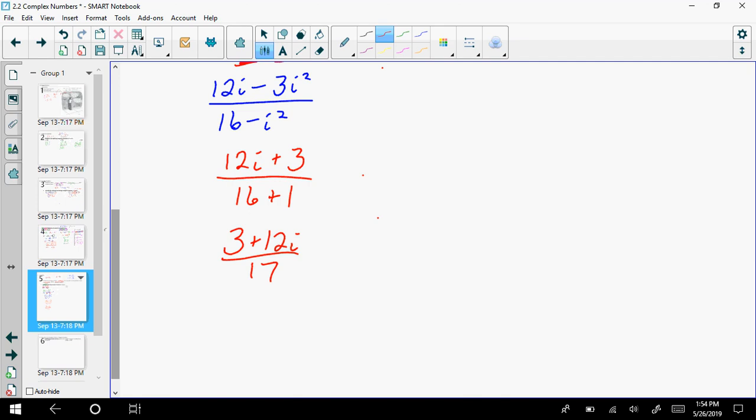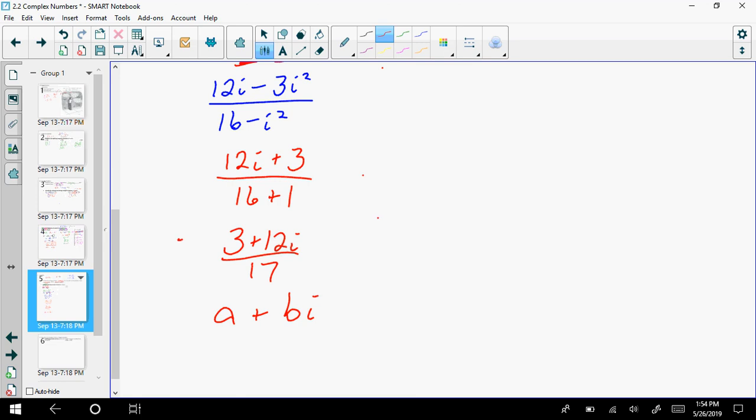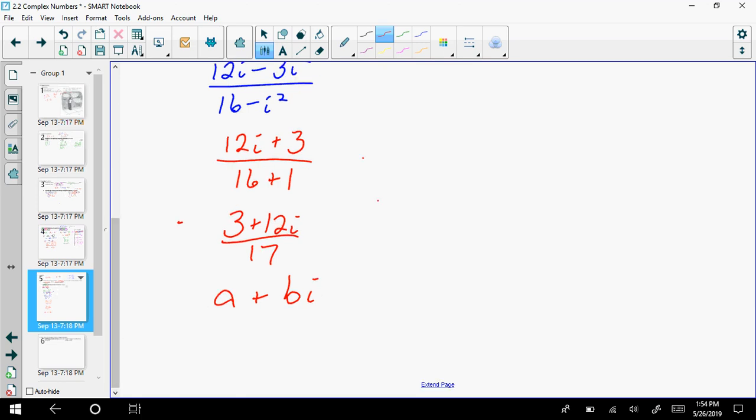If I ask you to write it in standard form, a plus bi, then with your final answer, we have to break it apart into a real and an imaginary answer. So I would write this as 3 over 17 plus 12 over 17i. You can either put the i out back or up with the 12, it doesn't matter. So that's technically standard form, I just broke it apart.